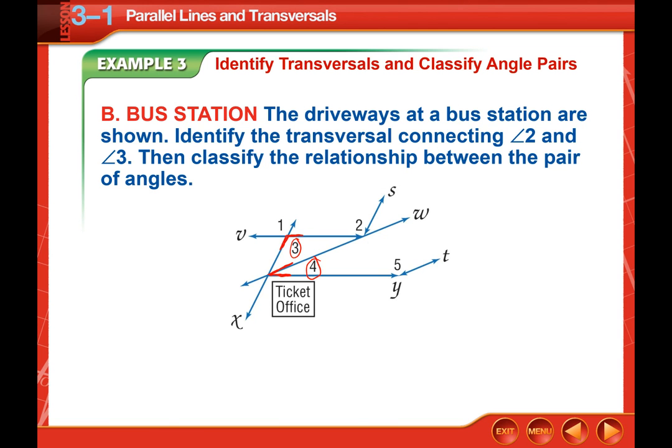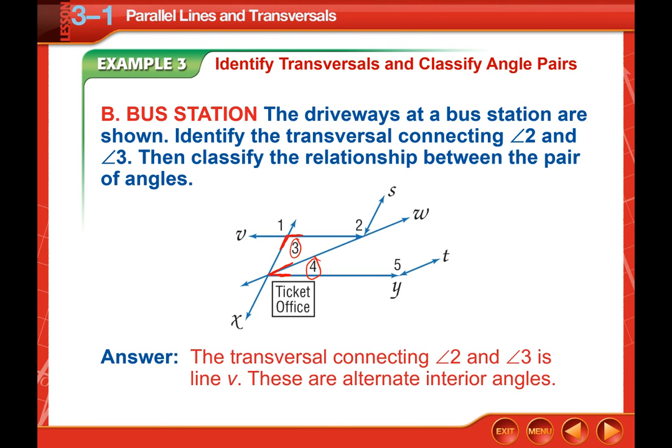Okay, what is our transversal? And what is the relationship? Well, I would say that these appear to be interior angles rather than exterior. Your transversal is line B.